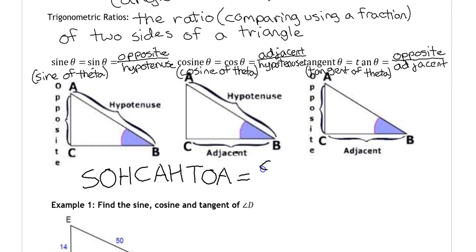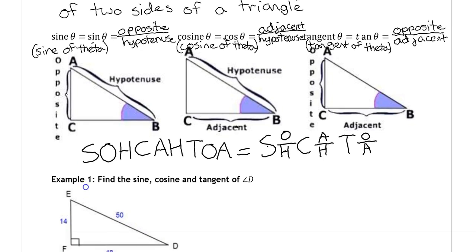Another way of writing it is S over H, C is A over H, and T is O over A. Sine is opposite over hypotenuse. Cosine is adjacent over hypotenuse. Tangent is opposite over adjacent. I'm going to write that on top of every paper. You guys should write it on top of every paper so that we remember it and can always use it.